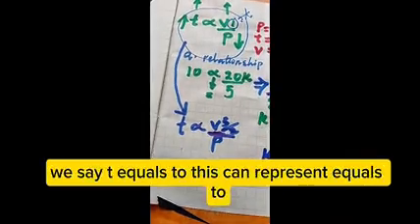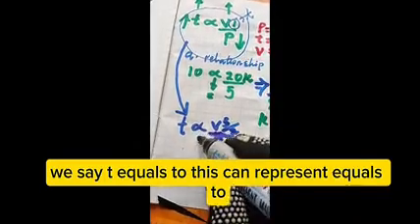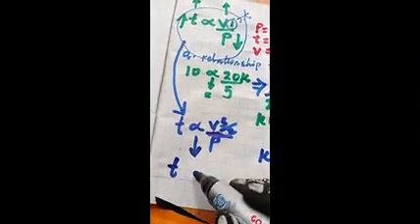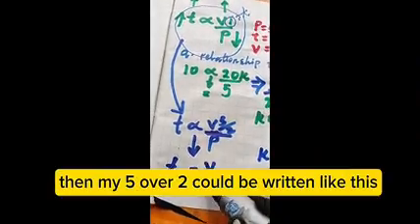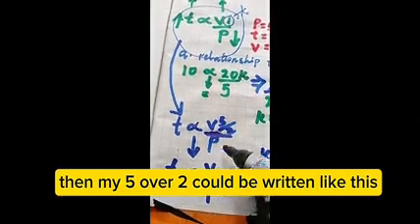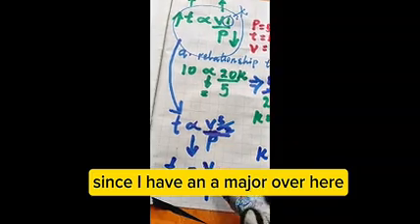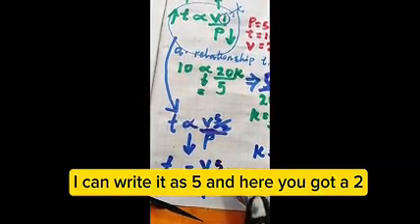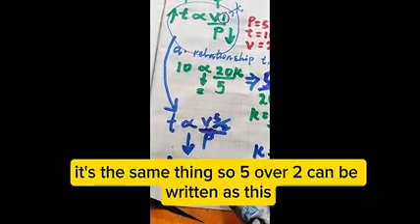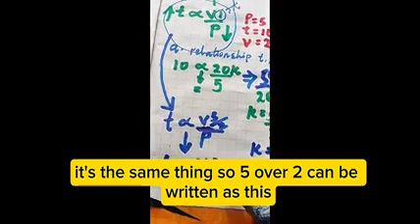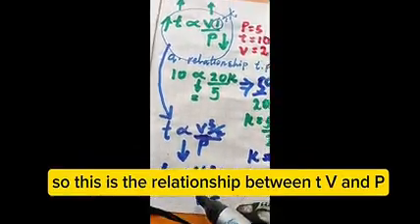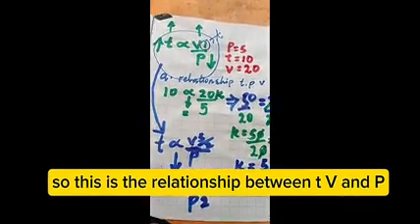We say T equals V all over P times 5 over 2. 5 over 2 can be written as 5 here and 2 here. It's the same thing. So this is the relationship between T, V, and P.